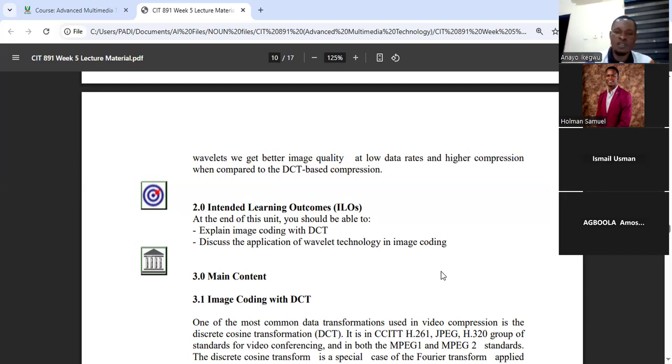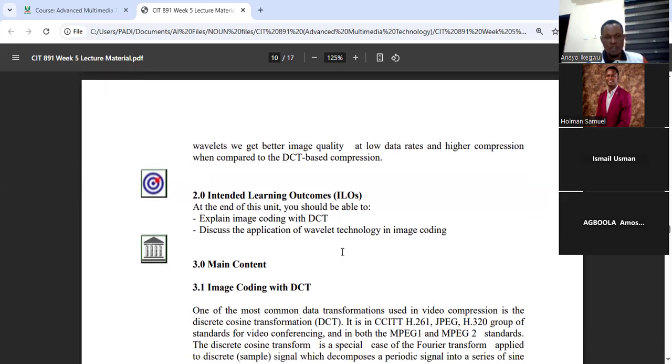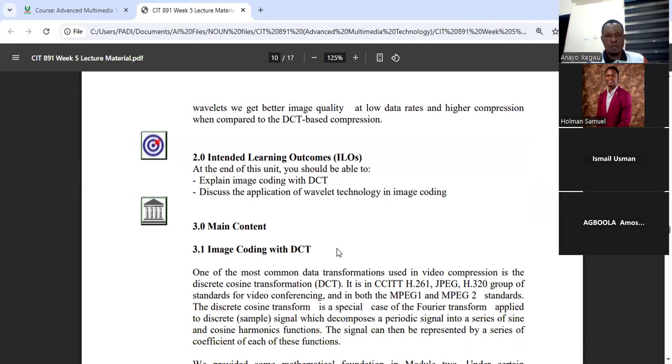At the same time, we will also discuss the discrete cosine transform based compression. Then at the end, you should be able to understand what image coding with DCT is, and explain the application of wavelet technology in image coding. These are the two things you should be able to figure out at the end of the discussion.